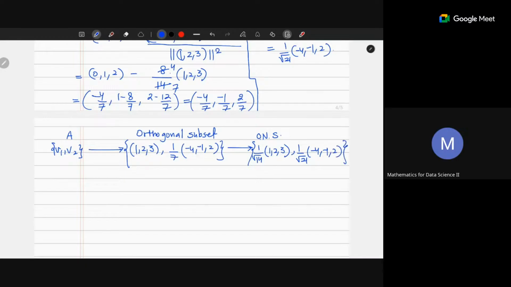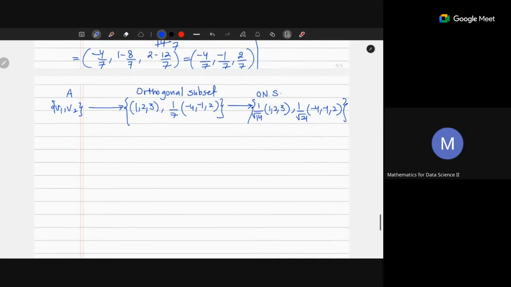All right. Now you can check that this is orthogonal. Okay. So can anyone tell me quickly why it is orthogonal or not?